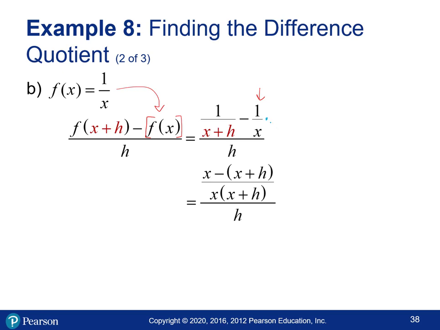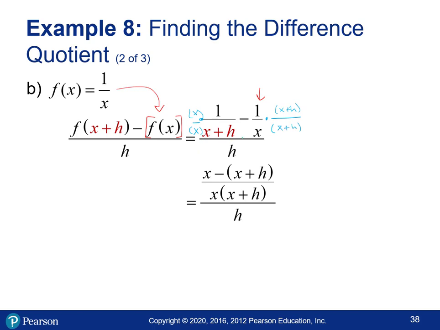So this fraction here, if you remember working with fractions, needs to be multiplied by x plus h, top and bottom. This one here needs to be multiplied by x, top and bottom. And that's where this comes from on the top here, x minus x plus h, when you just multiply both of those by 1.